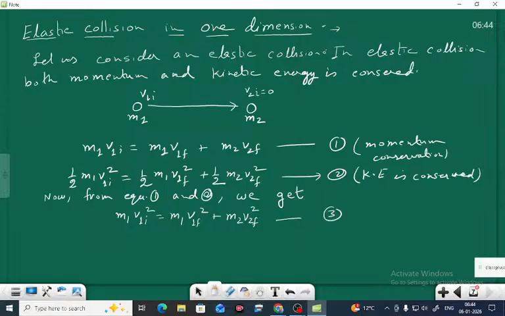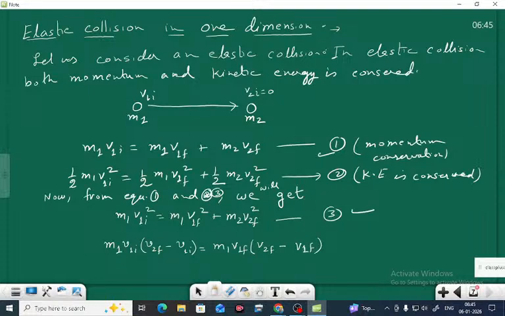So from equation 1 and 3, this equation and this equation, we will get m1 v1 initial into v2 final minus v1 initial is equal to m1 v1 final into v2 final minus v1 final.